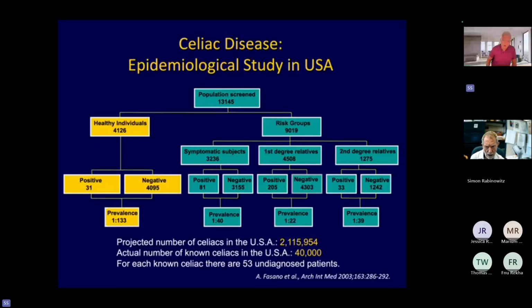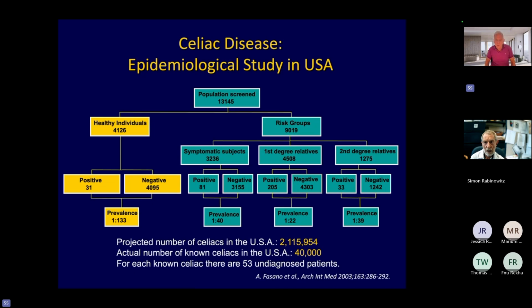Alessio Fasano, up in Boston, has done most of the work on defining the prevalence of celiac disease in the general population. So here we have 13,000 individuals screened, including 4,000 to the left in the yellow rectangles who are healthy individuals, and those in risk groups.